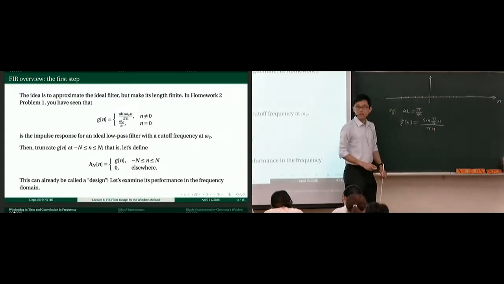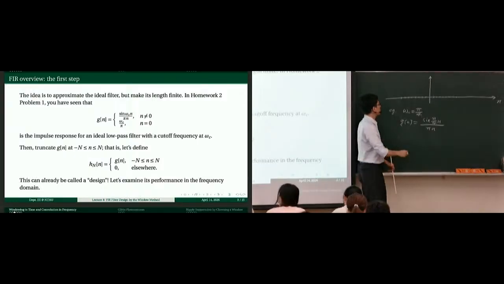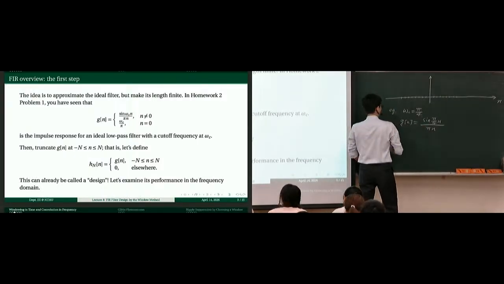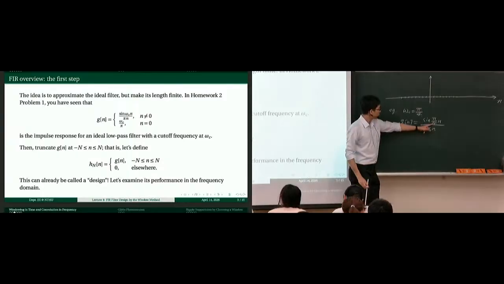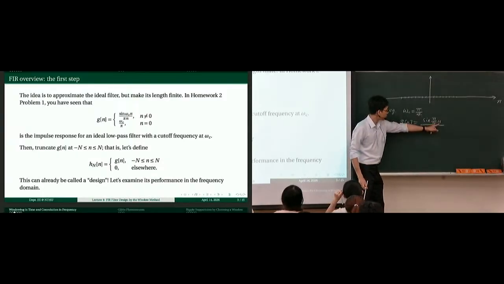Wow, nice. It seems to me that when n equals 4 and multiples of 4, we get 0 crossing. Can we agree on that?